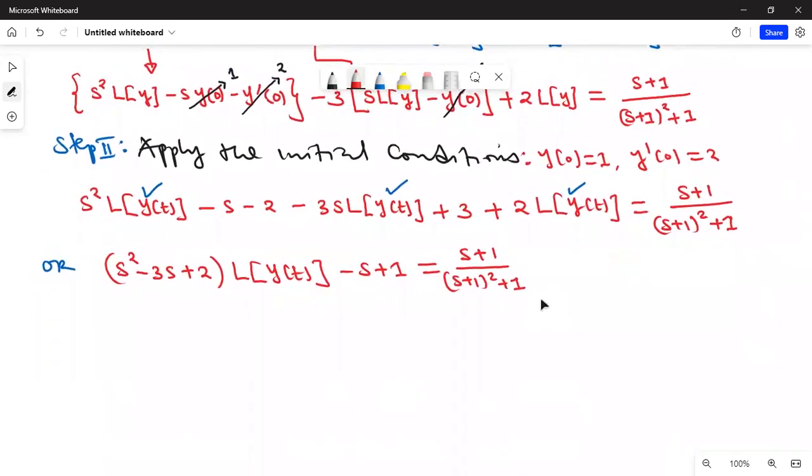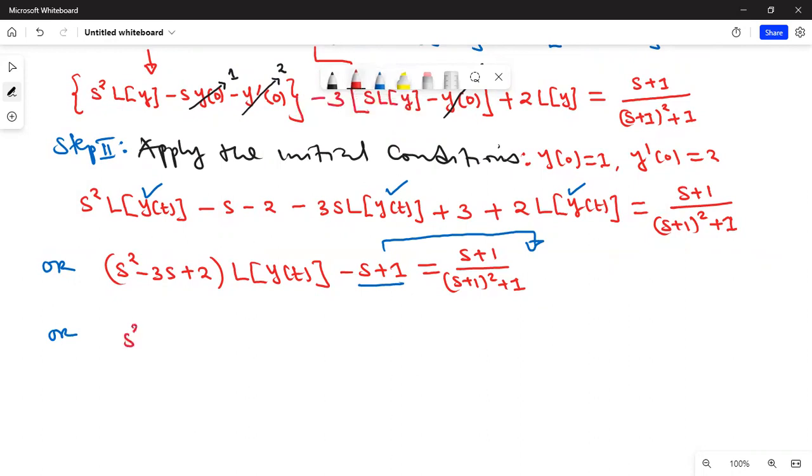Let me simplify this further. So I'm going to take all of this to the right hand side, so that we have (s squared minus 3s plus 2) times the Laplace transform of y as a function of t is equal to (s plus 1) over (s plus 1) squared plus 1.